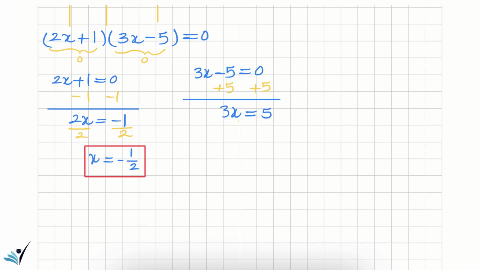We divide both sides by 3. If we do so, we have x = 5/3, which is equal to 1.6 repeating. And this is our second answer. So these answers are exactly the same as we saw on the graph.